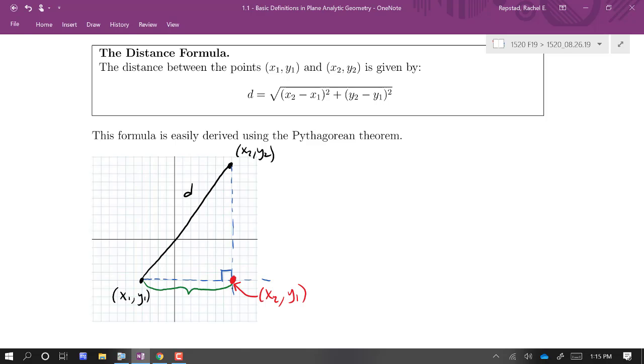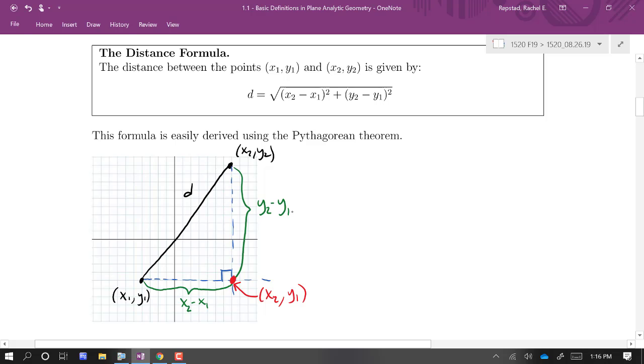So this distance is x2 minus x1. And if I want to find this vertical distance here, what should that be? y2 minus y1. Yeah, top y minus bottom y. So y2 minus y1.